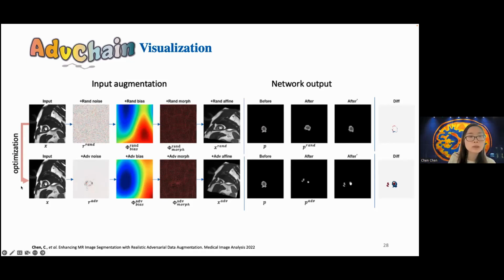However, if we apply one more step of optimization to optimize the underlying transformations or the data augmentation parameters, we see that the network can be very fragile to such adversarial transformation, where it mispredicts the cardiac region. Okay, and if we look into the details of the adversarial noise and the morphological, as I previously mentioned, you will find that the adversarial data augmentation takes knowledge about the image as well as the current state of the network, which smartly tries to locate the region of the cardiac and attack the local region.